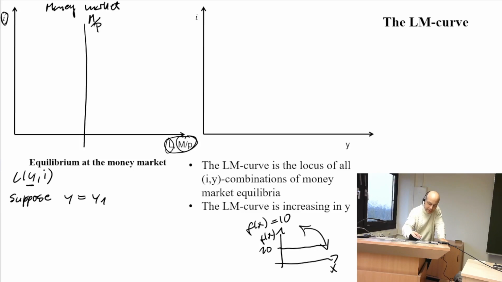If this is fixed, then we have only the dependence on interest rates left. So then this becomes only a function of interest rates. And we assumed that, as with investment, the demand for money also depends negatively on interest rates.